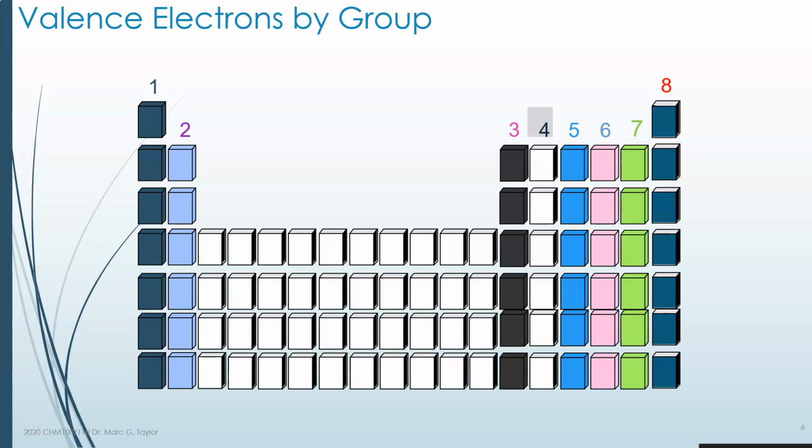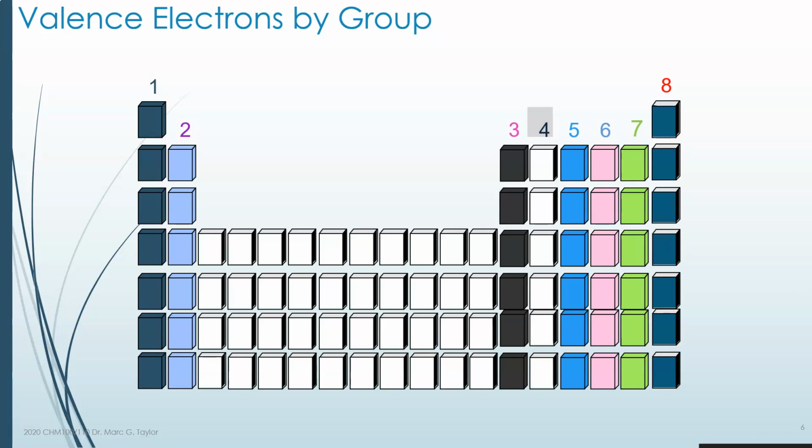Well, 2 plus 6 is 8, and the goal is to get a configuration that looks like the noble gases, which are that far right column underneath the number 8. So most atoms in the A groups want to have configurations like noble gases on the far right, and they do that either by losing enough electrons to go backwards to that row or gaining enough electrons to go forward.